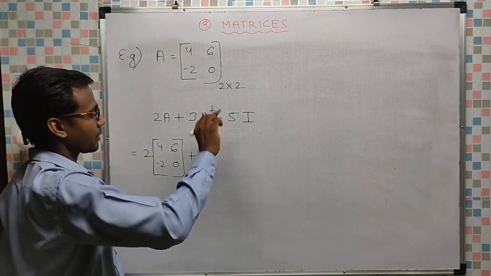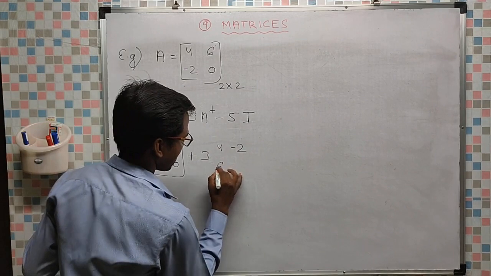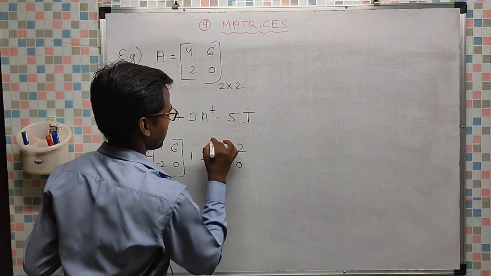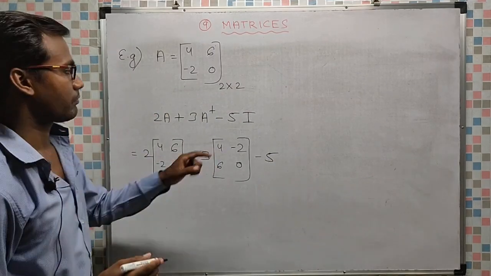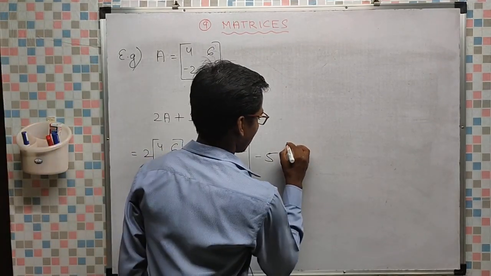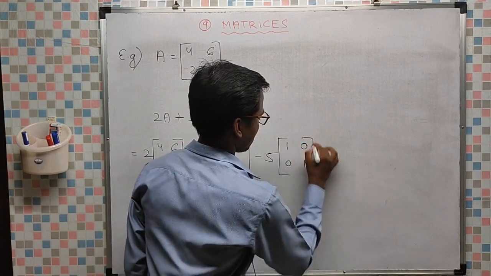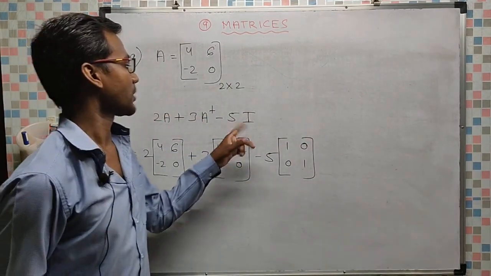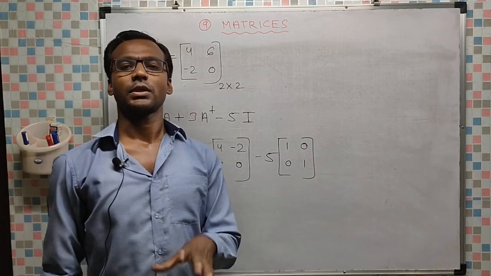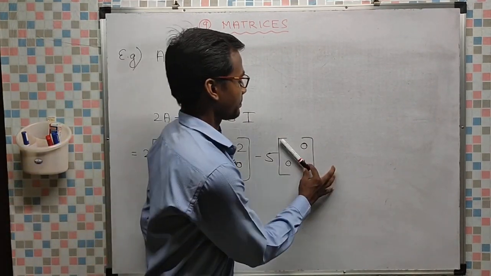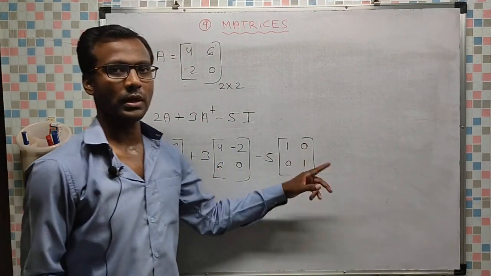The first column will become the first row, so 4, minus 2, then 6, 0, minus 5, I is equal to 1, 0, 0, 1. A unit matrix is a special type of square matrix in which each element is 0 except the elements in the principal diagonal. The non-zero elements are 1. I had told you. Okay, so 1, 0, 0, 1.